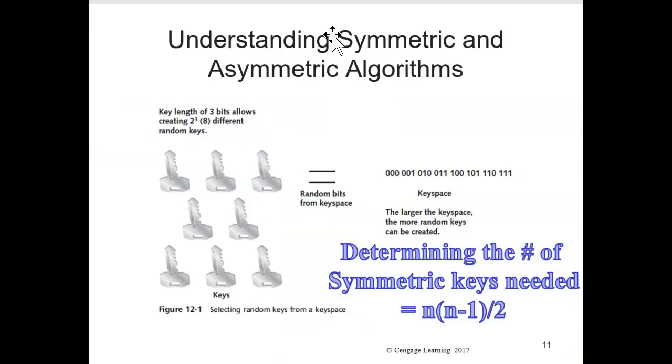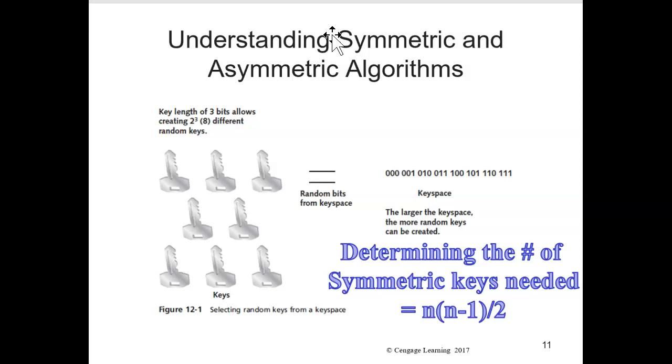And so understanding symmetric and asymmetric algorithms requires this as a starter, right? The larger the key space, as I mentioned, the more keys that I can create. So, for example, I mentioned that an algorithm with a 256-bit key space has 2 to the 256th power of possible keys.